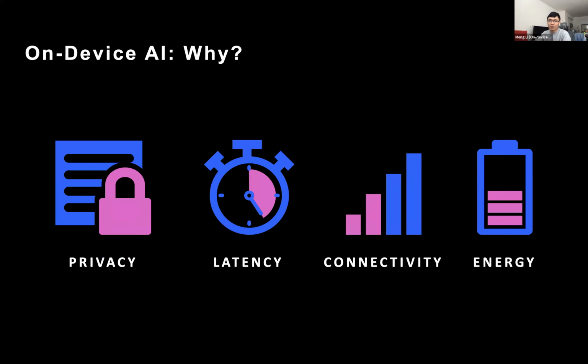So while AI is super important, we further argue that most of this AI workload actually needs to run on the device for the following reasons. First and foremost, as the AR glass keeps processing the audio, video, and biometric signals, we need to make sure all the signals are well protected for user privacy.